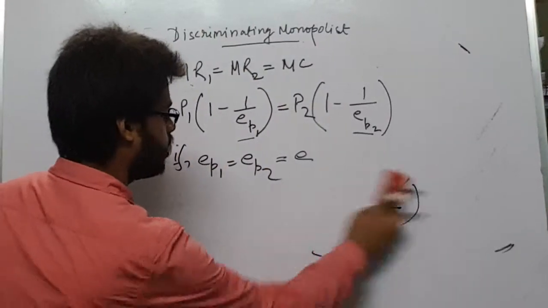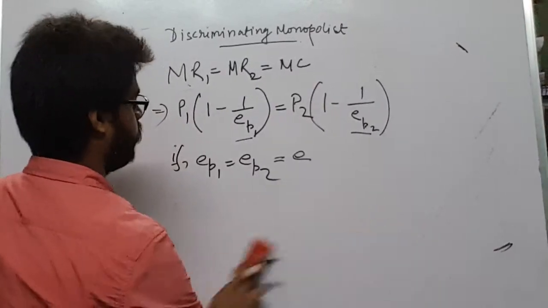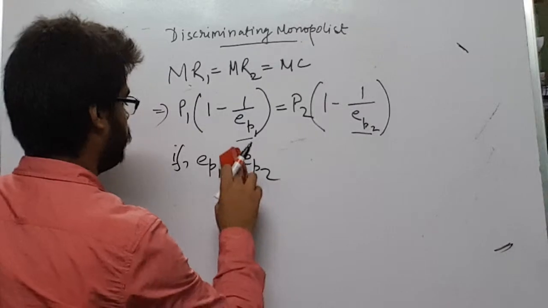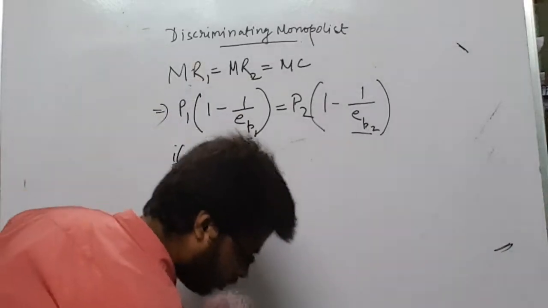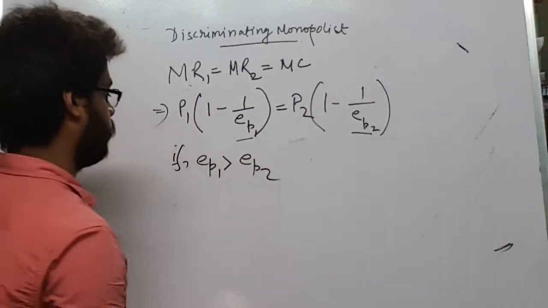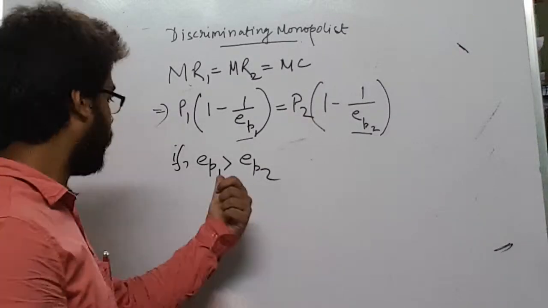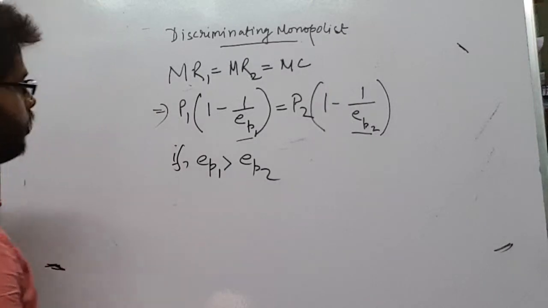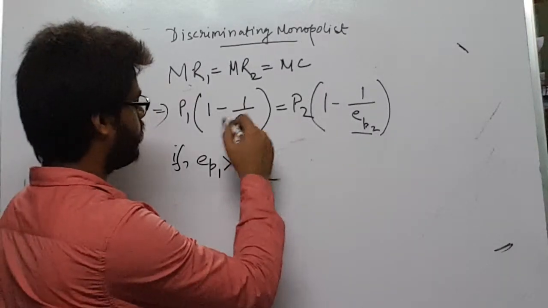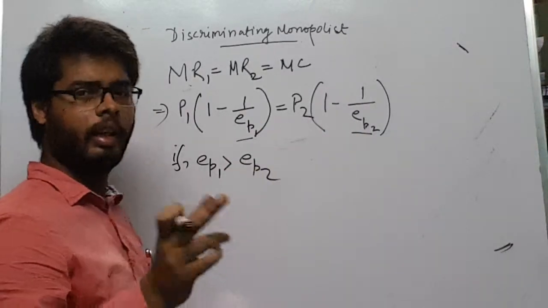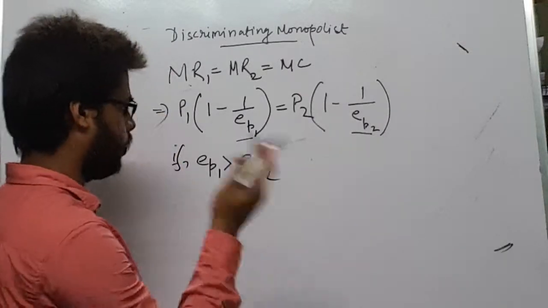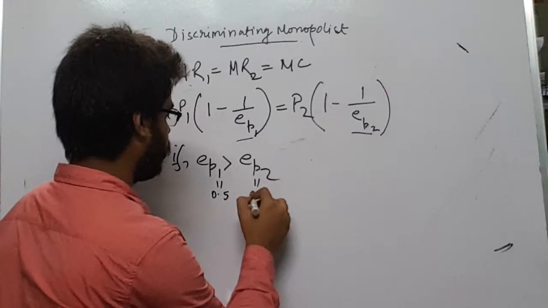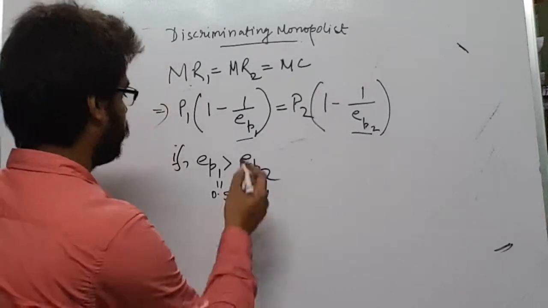Now the second case. Suppose price elasticity in the first market is greater than in the second market, then what will happen? See, if this is greater than this, let us take an example and do it. Let EP1 be equal to 0.5 and EP2 be equal to 0.4. So what will happen?